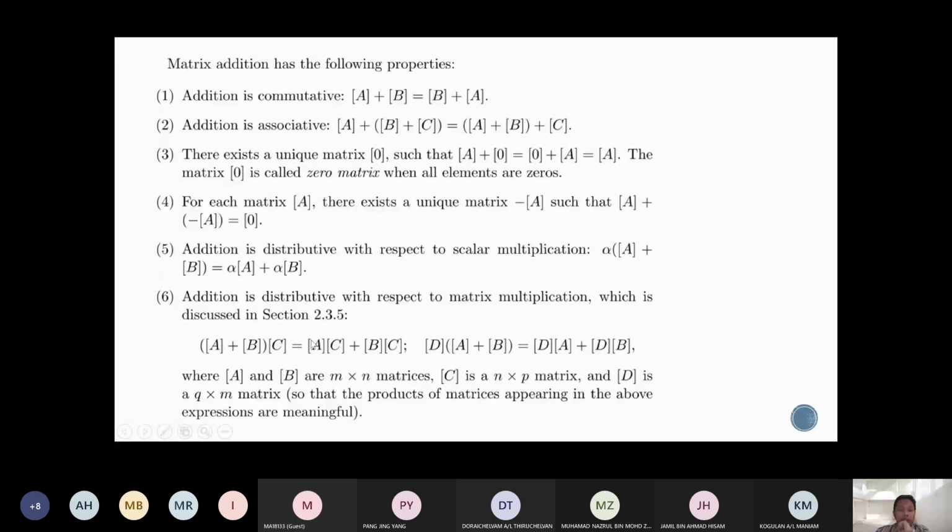So you must write A times C. Later on we will see matrix multiplication.